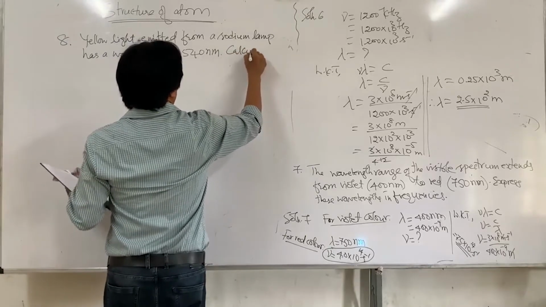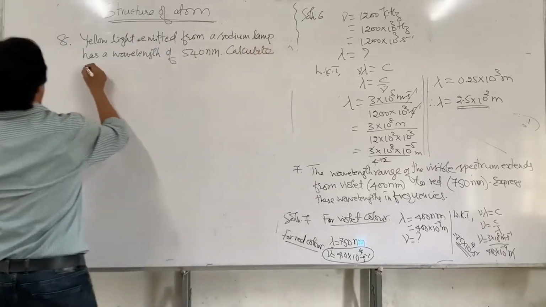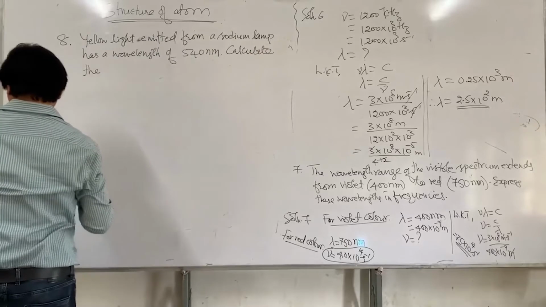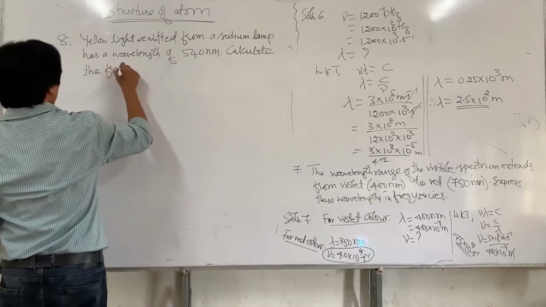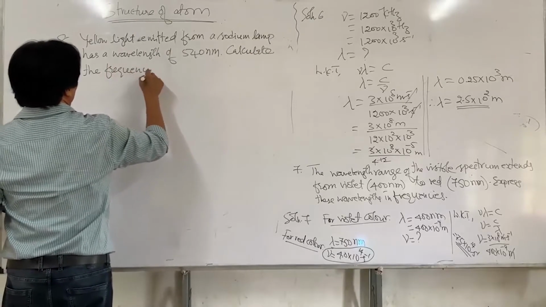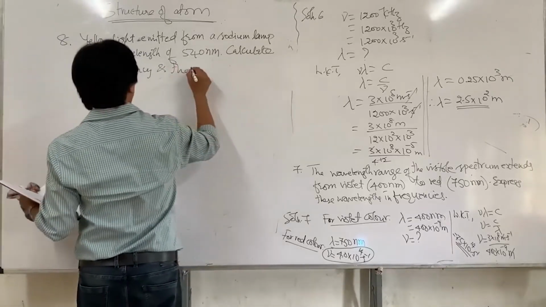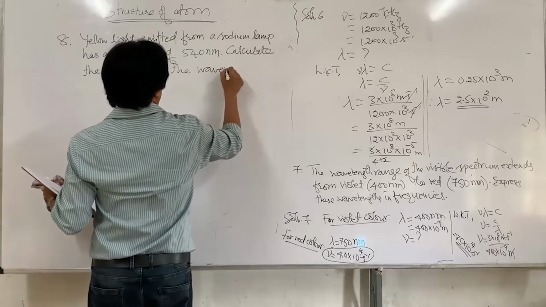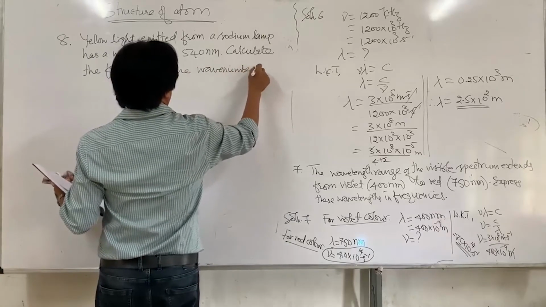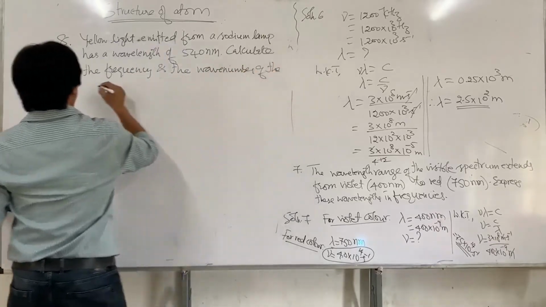Calculate the frequency and the wave number of the yellow light.